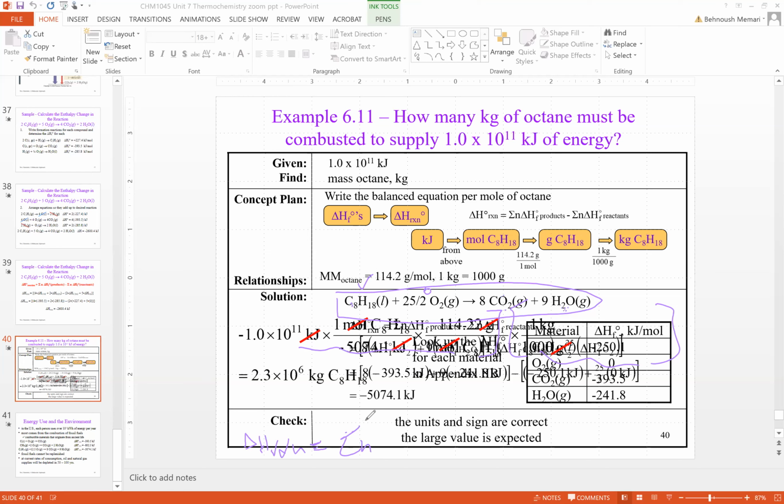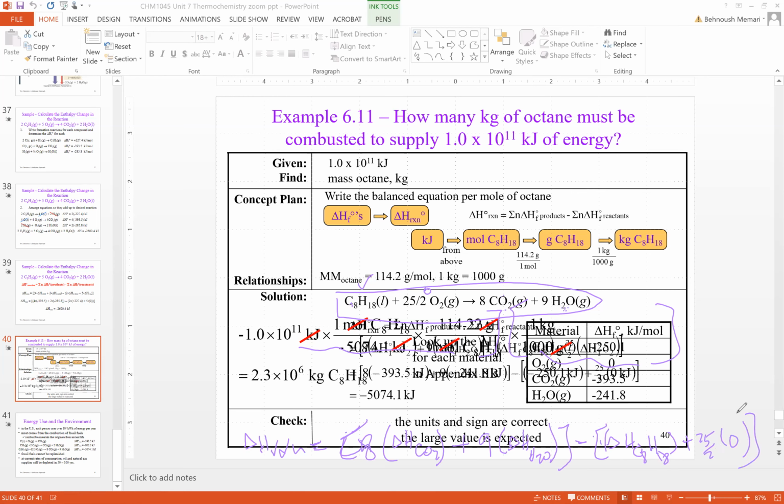So it's going to be 8 times delta H for CO2, plus 9 times delta H for H2O, minus delta H for C8H18, that's 1 times that, plus 25/2 times 0.